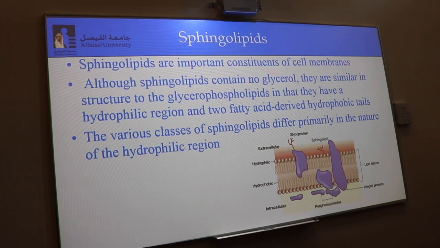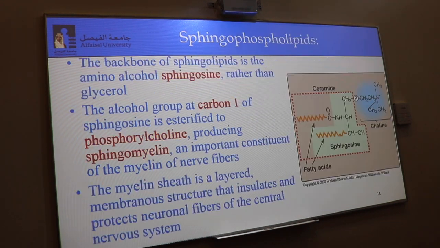Although they don't contain glycerol, they have a similar structure to glycerophospholipids, and also they have a hydrophilic region and 2 fatty acids attached to the sphingosine this time, and they differ primarily in the nature of the hydrophilic region. So the difference is not in the hydrophobic region, the difference is in the hydrophilic region, compared to phosphoglyceride. Okay, so they are also a component of the cell membrane.